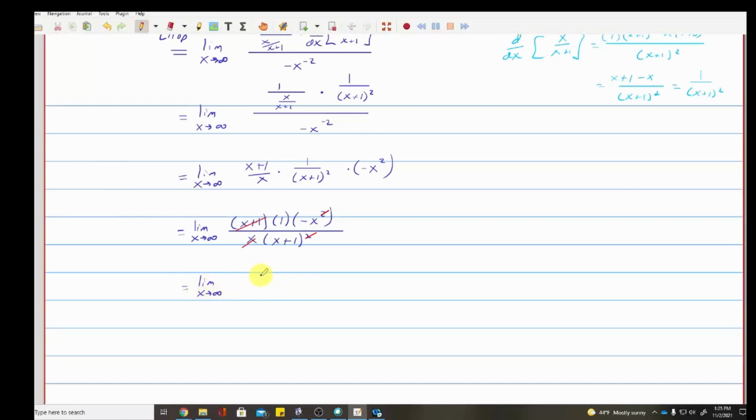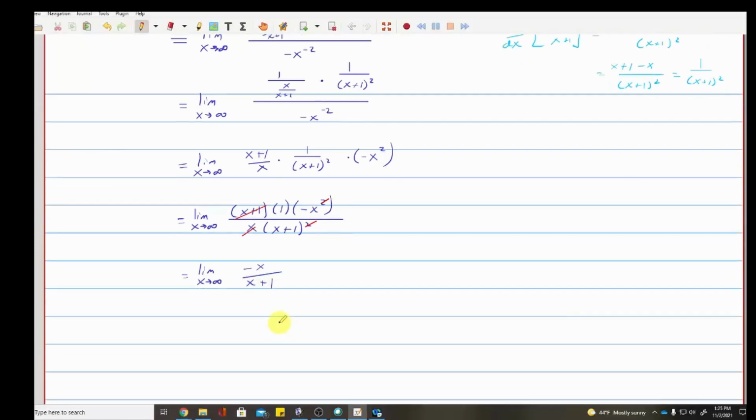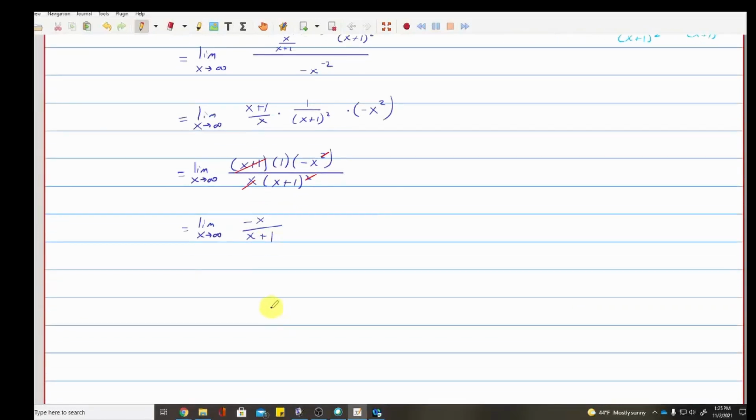So I'm left with a negative x in the numerator, x plus 1 in the denominator. And it's your call whether or not you want to use L'Hopital's rule, or if you want to use the strategy that we had from 4.5, where we say as x is going to infinity, I can divide by the biggest power of x in the denominator. Either way works.